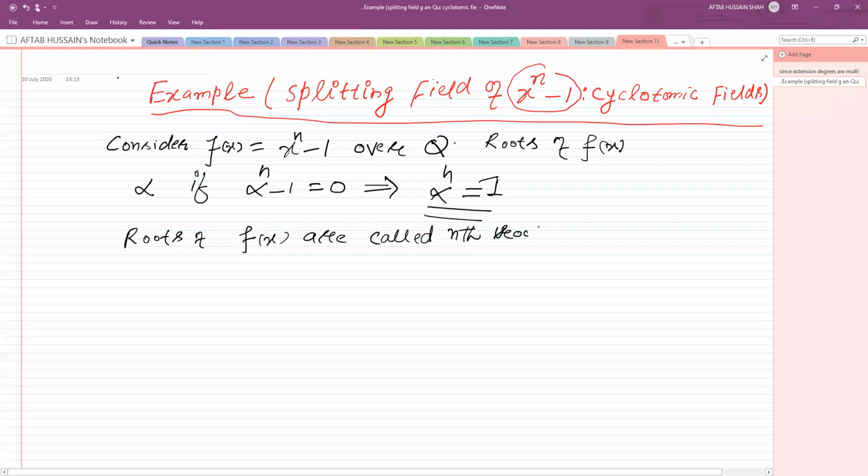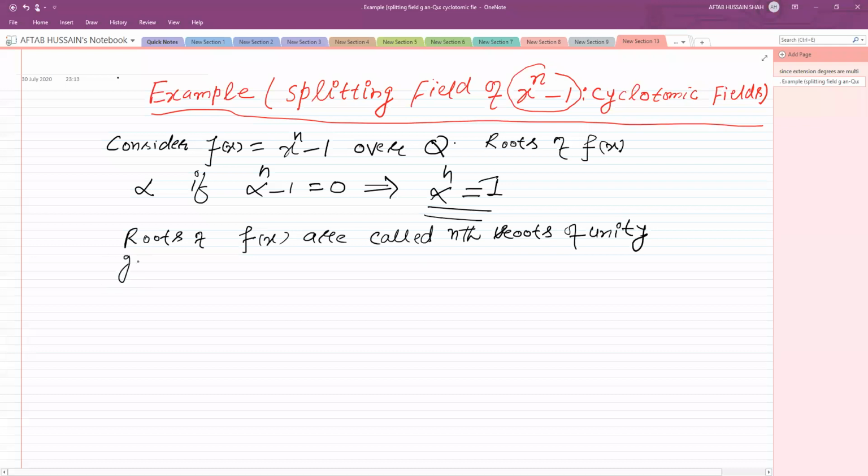They are complex numbers, there are n nth roots of unity, and they are given by this relation.